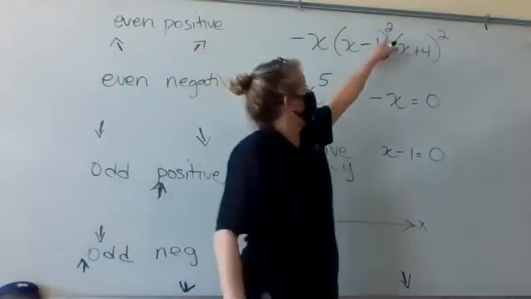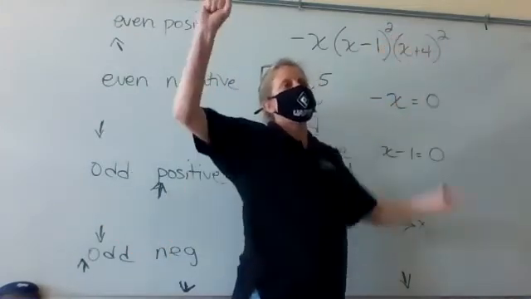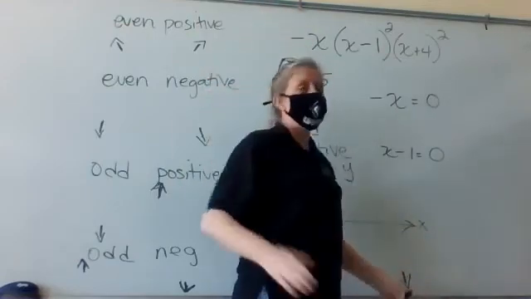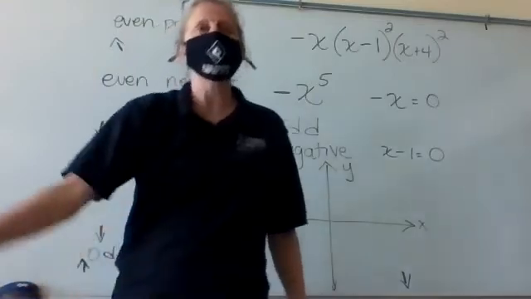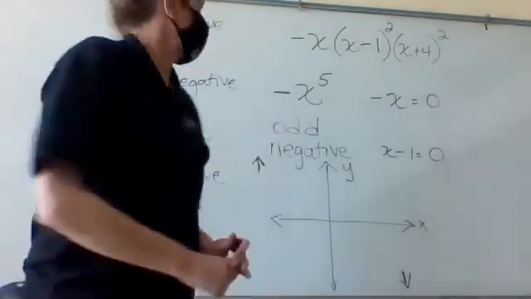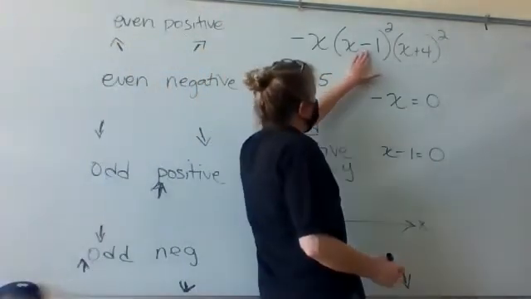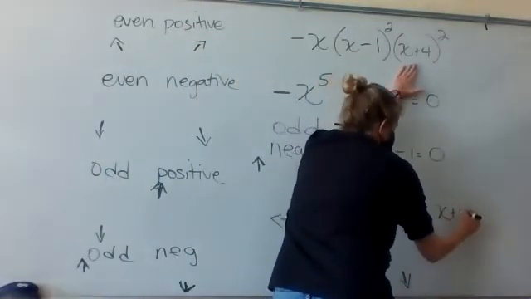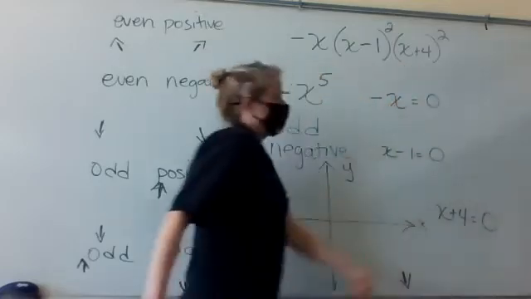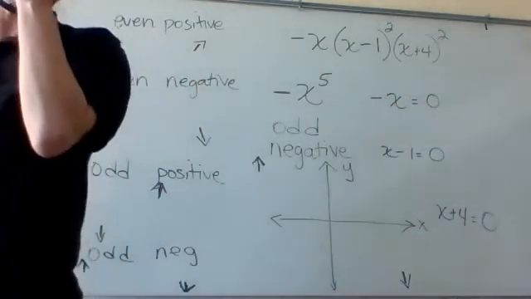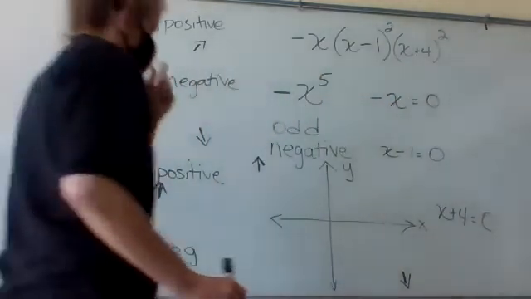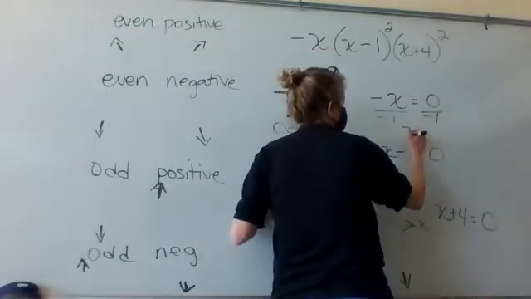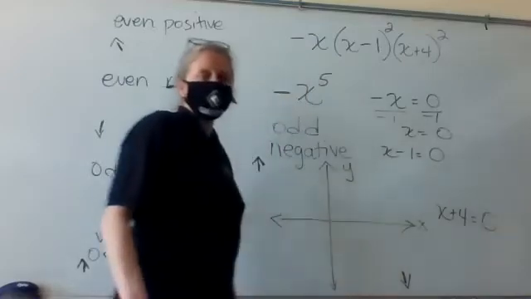What does an even multiplicity tell you? It touches the x-axis and goes the other way. Odd multiplicity means it goes all the way through the x-axis. So let's see, that's going to give me an x-intercept, and so is x plus 4. So let's find those three x-intercepts first. If I solve this for x, I just need to divide both sides by -1, so that'll just give me x equals 0.